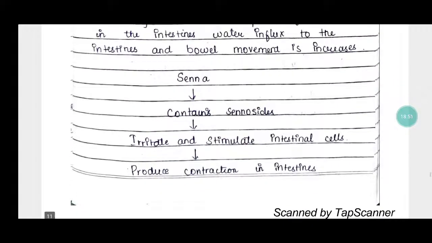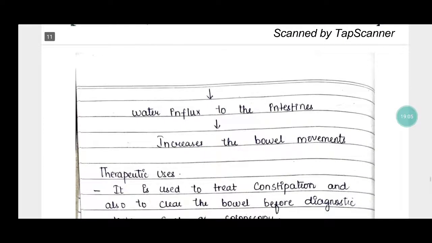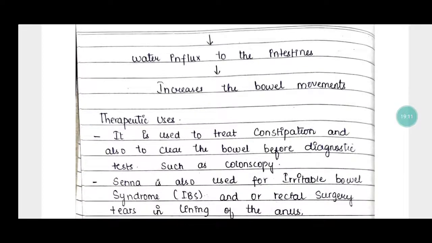So senna, which contains sennosides, irritates and stimulates the intestinal cells, producing contraction in the intestines, where the water influx to the intestine increases the bowel movement. So this is the simplest mechanism of action for irritant purgatives.